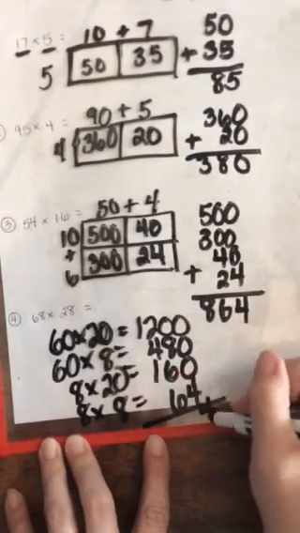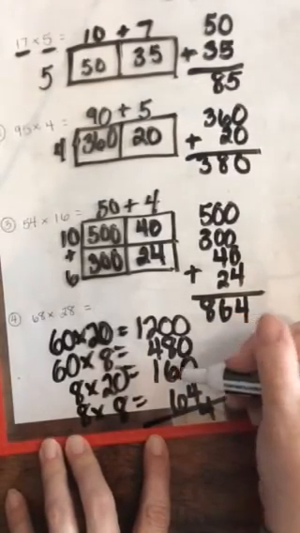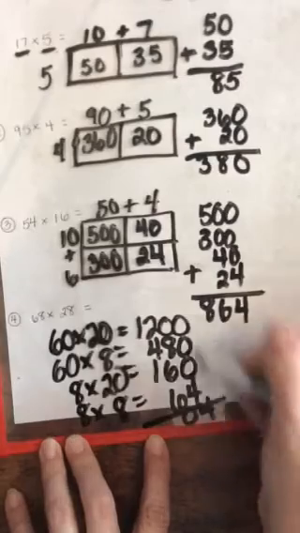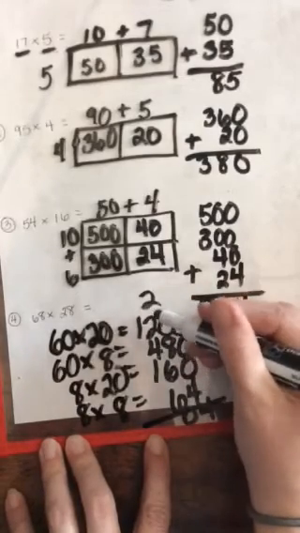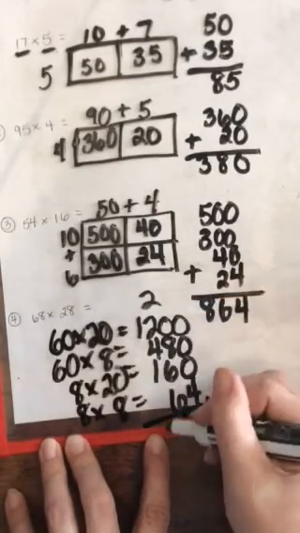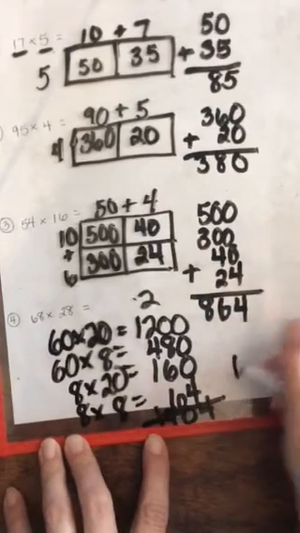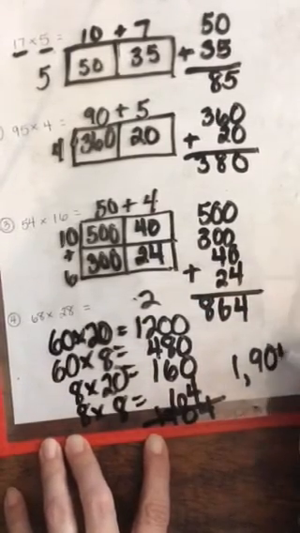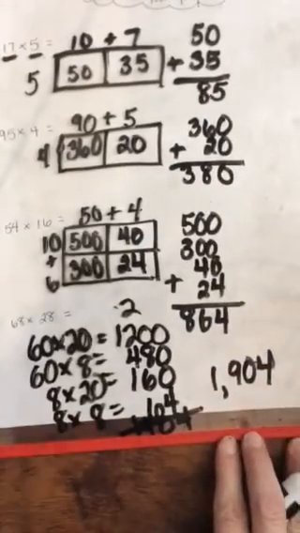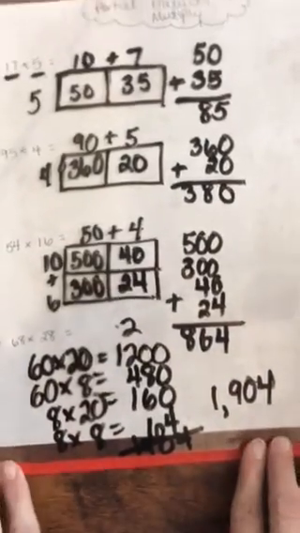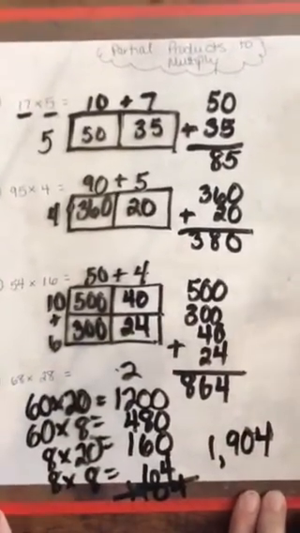So again, lining them all up. This is 14. 14 plus 4 makes 20. 4 plus 4 makes 8, 9, and then 1. So the answer ends up being 1,904.